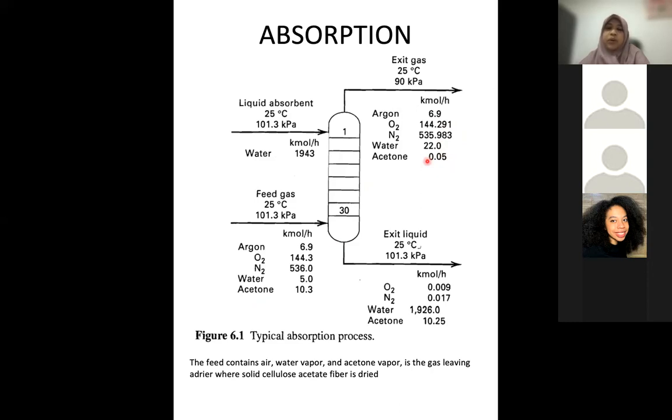Okay, and it is absorbed by a liquid absorbent, and the liquid absorbent is actually water. So the water will absorb the acetone, and the exit liquid will have around 10.25 kilomole per hour of acetone. Usually in absorption we have a gas, not a vapor.